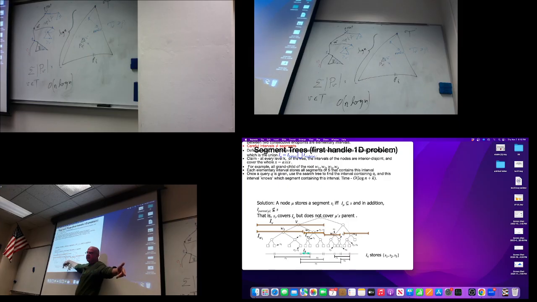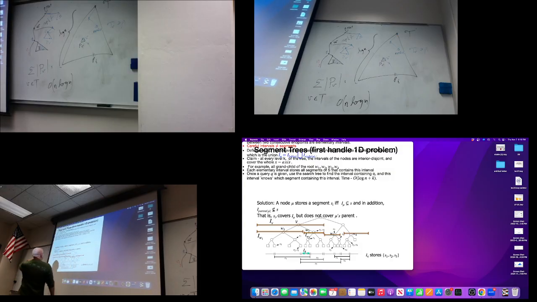So if I have a point inside the interval, then I also know which segments cover it. But I'm adding another condition. You are storing it only if your parent cannot bail you out. You'd always prefer to ask your parent to do the storage for you.